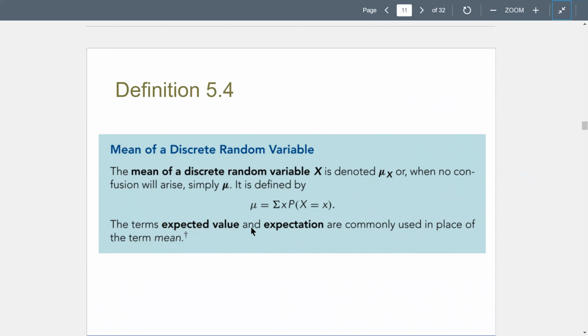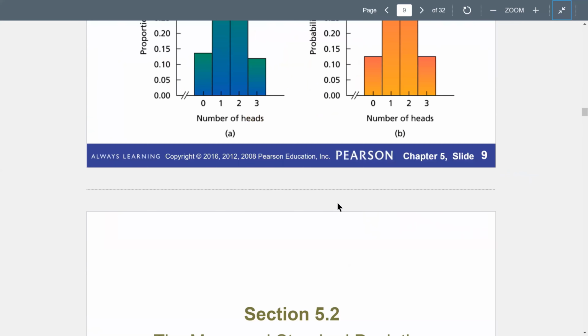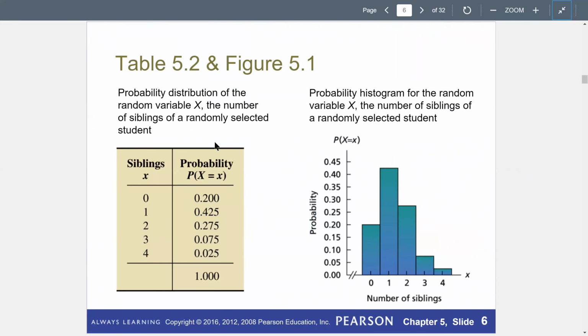You get what we call the expected value, which is the mean, or the mean is the expected value of that discrete random variable x. For example, in this example, you have the values and the probabilities, and so forth.